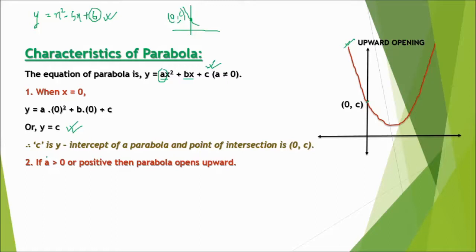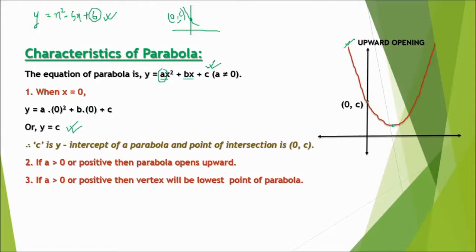So if a is greater than 0 or positive, then the vertex will be the lowest point of the parabola. You can see this is the vertex, isn't it? This is the vertex, and it is the lowest point of the parabola.